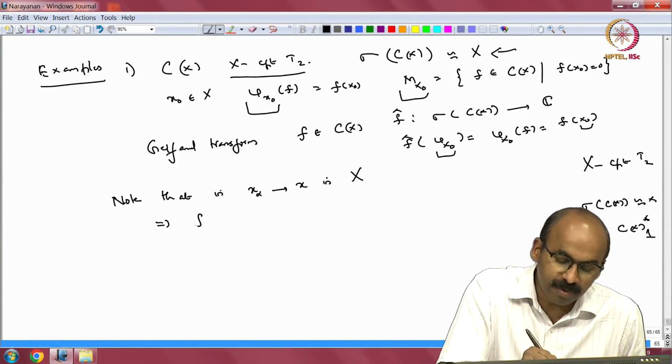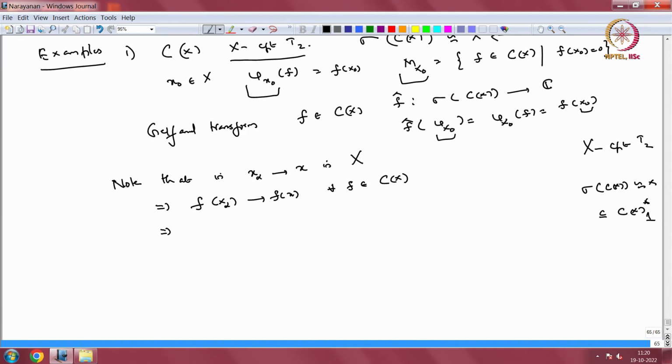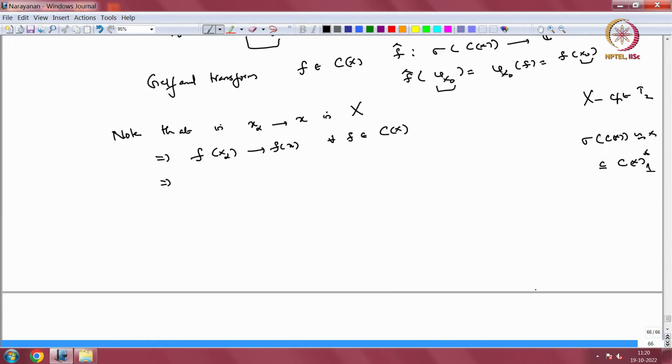So f of x alpha will converge to f of x for every continuous function f in C of X. Now we go to the multiplicative linear functionals and maximal ideals, so let us write it in that form.